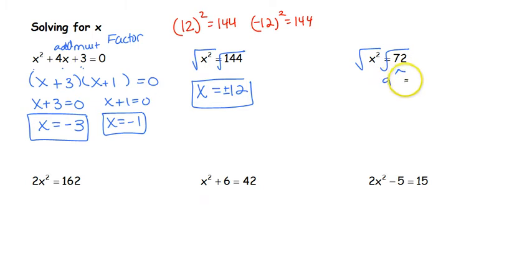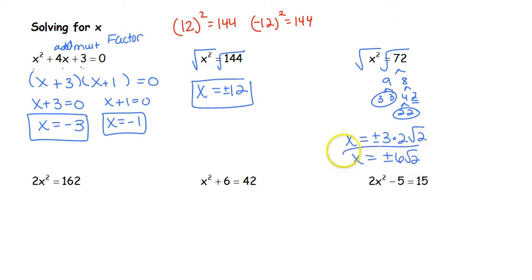Again, I normally use our factor trees. We get 3 and 3, 4 and 2, 2 and 2. We've got a pair of 3's, we've got a pair of 2's with a 2 left over. That means we're going to have x equals, we've got that plus or minus sign because we've got an x squared. We've got a 3 times a 2 on the outside with a 2 left over. So x is equal to plus or minus 6 root 2.